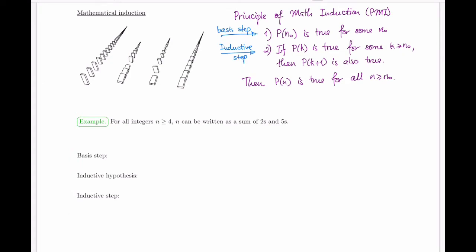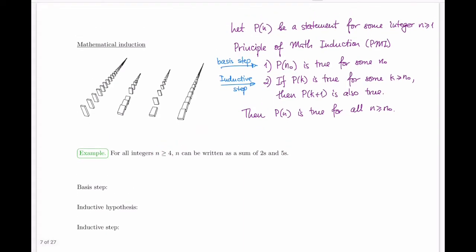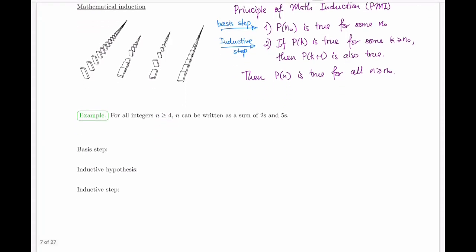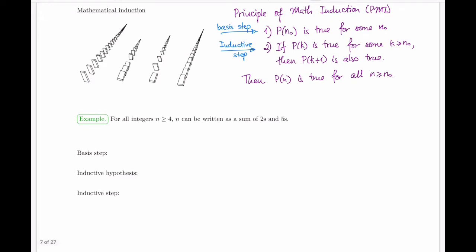So the statement is, for all integers greater or equal than 4, n can be written as a sum of 2's and 5's. So notice that here I have n greater or equal than 4, whereas in my original statement I had n greater or equal than 1. It doesn't matter as long as you actually have a starting value. It can be anything. A lot of the times it's 1, but sometimes it's not. So first of all, we can identify what is this statement that we would like to be proving things about.